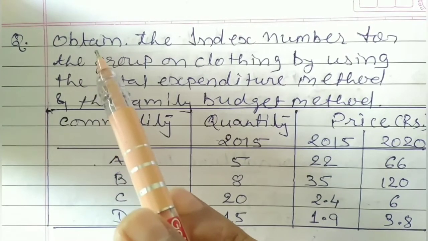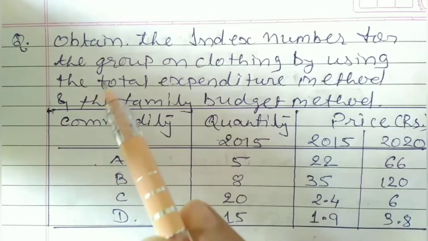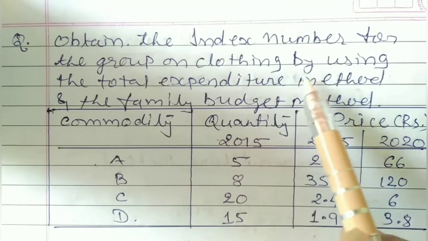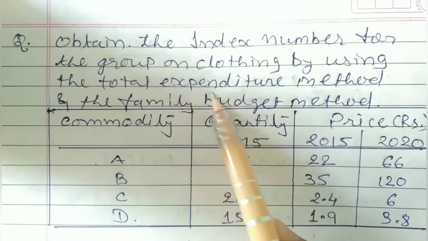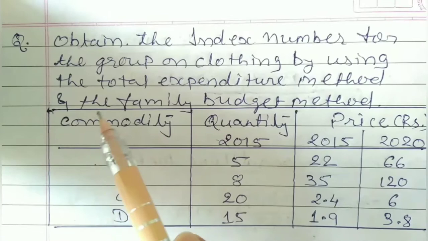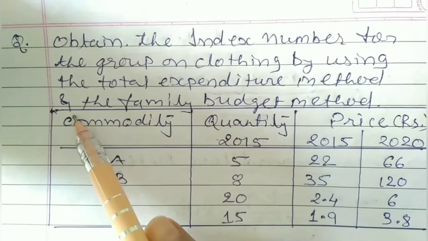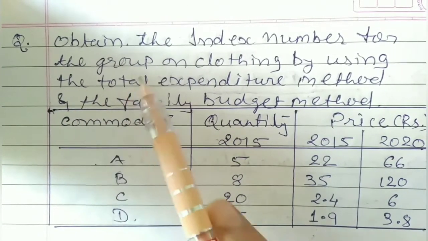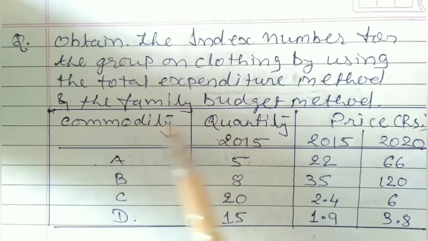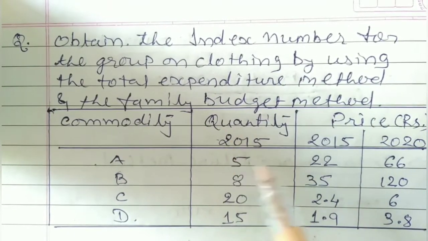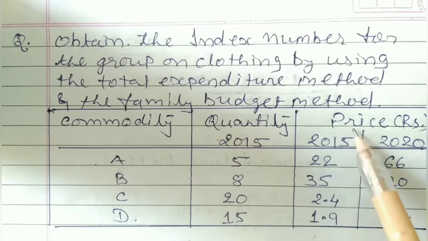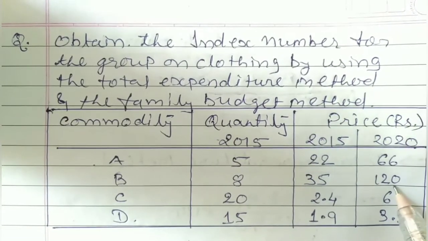The question is: obtain the index number for the group on clothing by using the total expenditure method and the family budget method. They have asked to find the index number in two ways, that is, the total expenditure method and the family budget method. We have been provided information of quantity of 2015, price of 2015 and price of 2020.